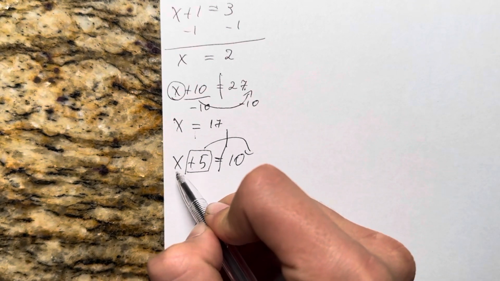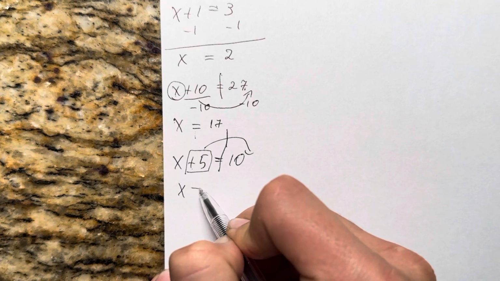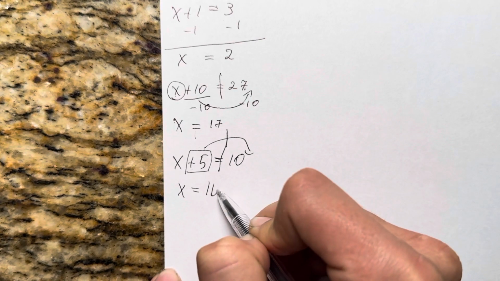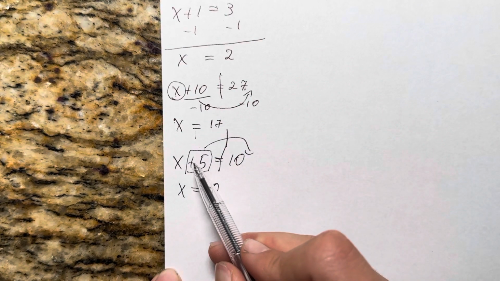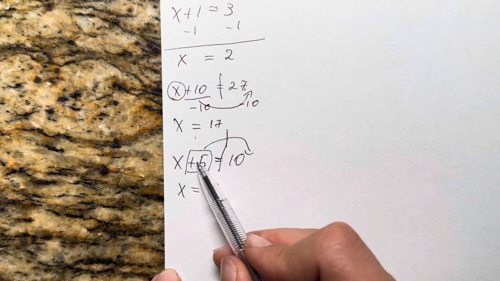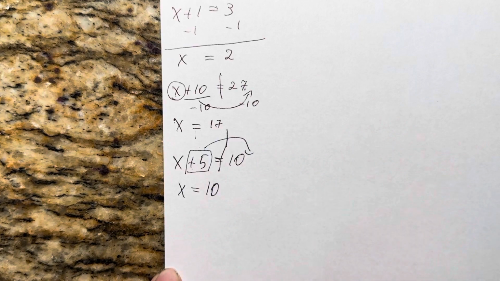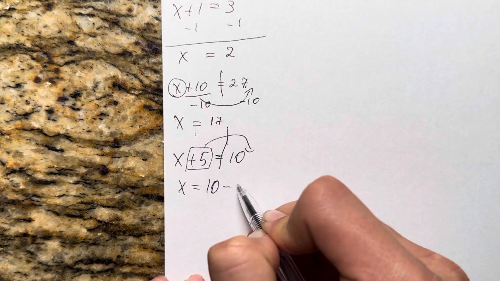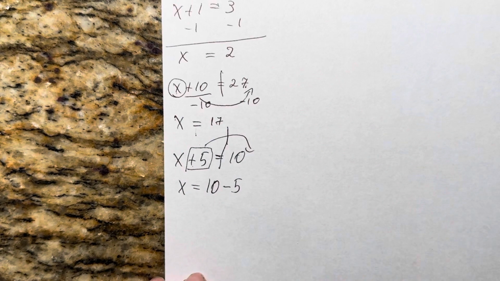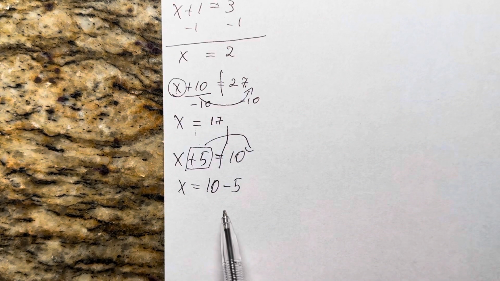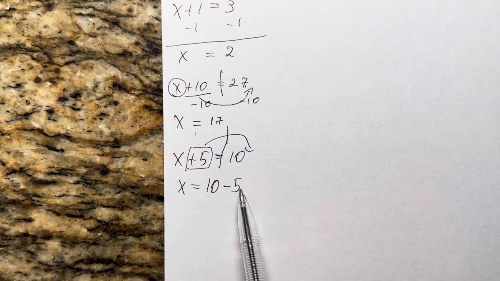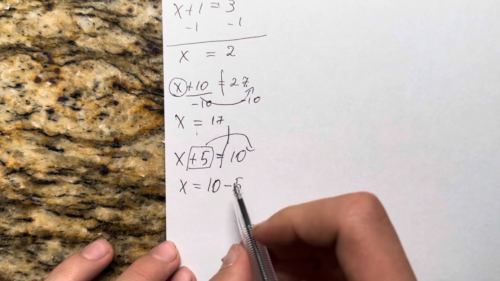So we'll have x equals 10, and then remember, we flip plus 5 over the equal sign with an opposite sign. That's very important. Here we had plus 5 and here we have minus 5. And now you just solve for x.